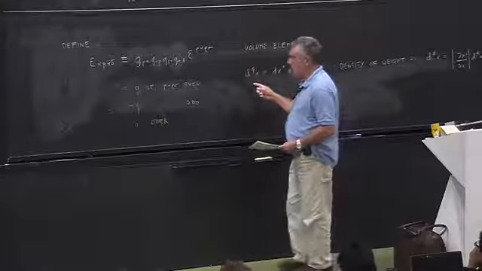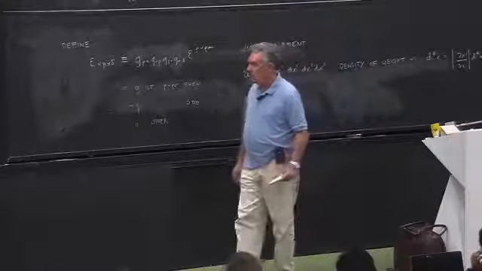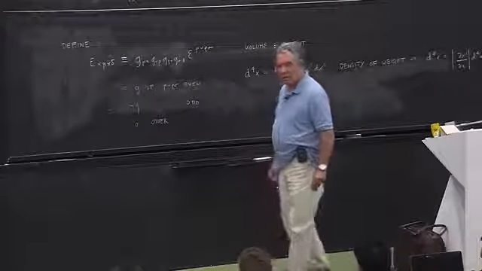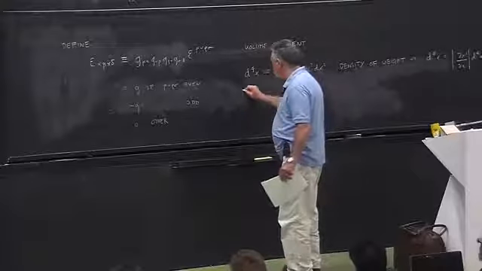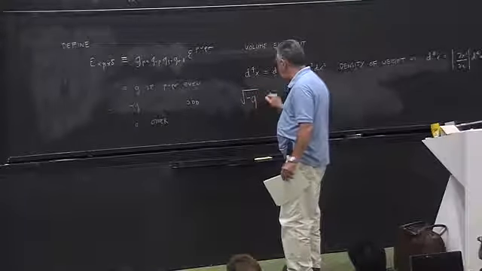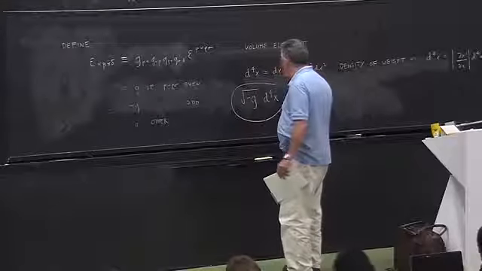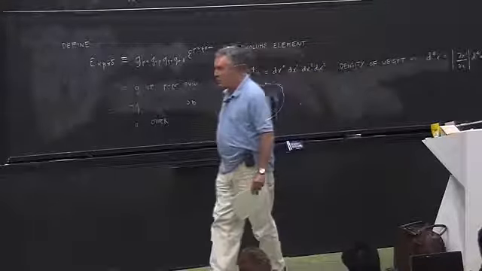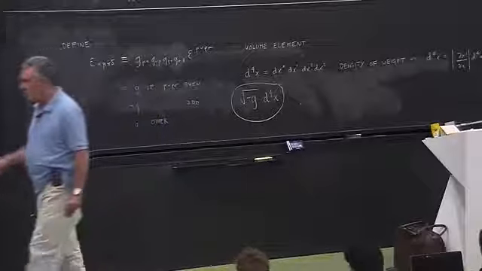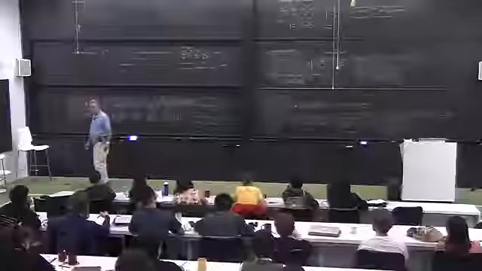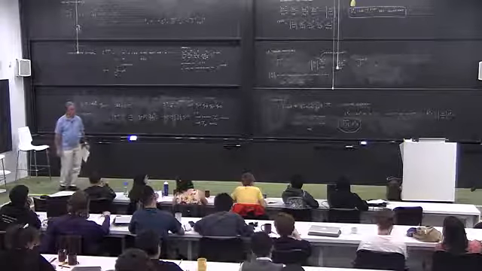So this has density minus 1, but there's an object with density plus 1 we can nullify it with, and that's the square root of minus the determinant of G, d4x. Has to be minus because the determinant is negative, and it has to be the square root so that we get weight 1.